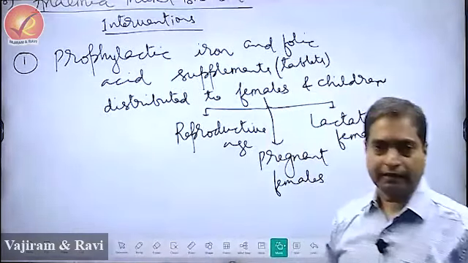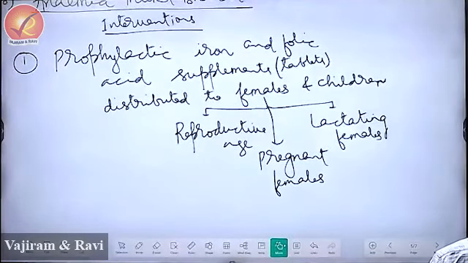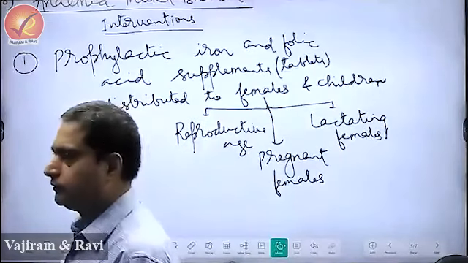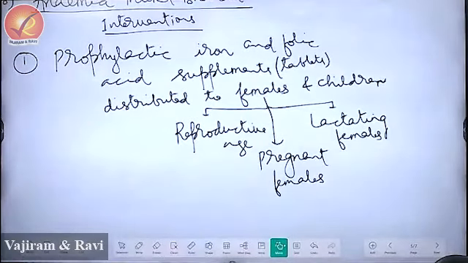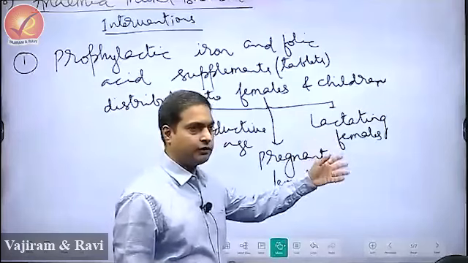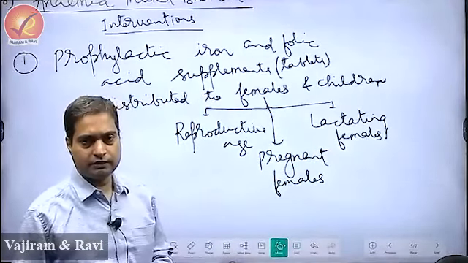So there should be prophylactic distribution from the government health centers to the females and children to fight against this form of anemia, because this is basically a nutritional form of anemia that we are noticing. So how can we provide additional supplement if it cannot be through the food source? So females including reproductive age, pregnant females, lactating females means those who have given birth to the young or breastfeeding females, that is the lactating females.